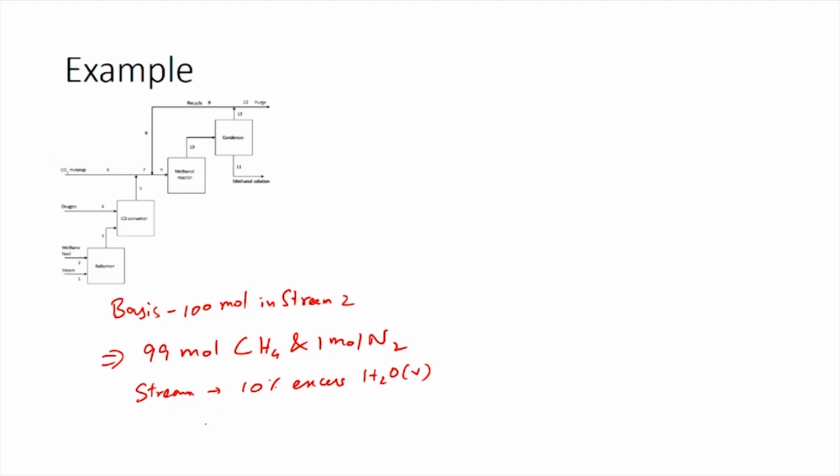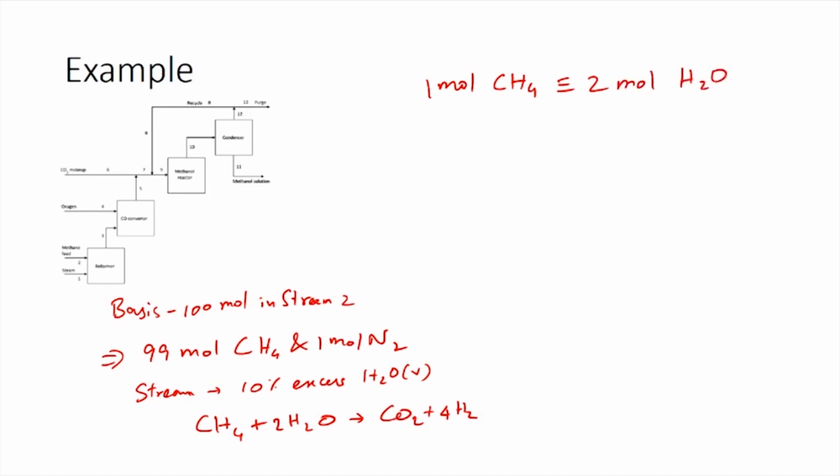The main reformer reaction was given as methane plus 2H2O gives CO2 plus 4H2. So, this means for every mole of methane fed, you require 2 moles of water vapor or steam. Here 99 moles of methane is fed, which means 198 moles of steam is required.